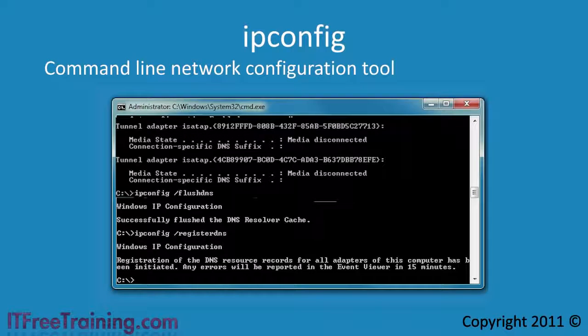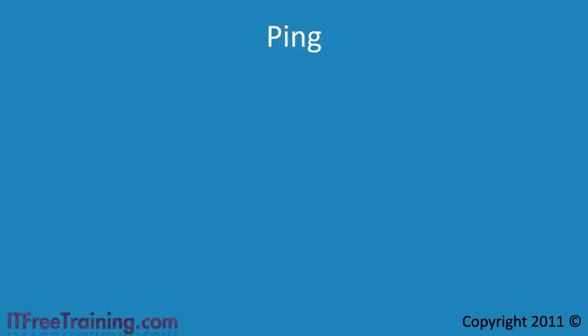Notice the message telling you that the request has been started, but may take up to 15 minutes to take effect. The request should go through straight away. However, if the computer cannot contact the DNS server, it will wait and try again later for a period of up to 15 minutes. The next commonly used troubleshooting tool is the ping command.